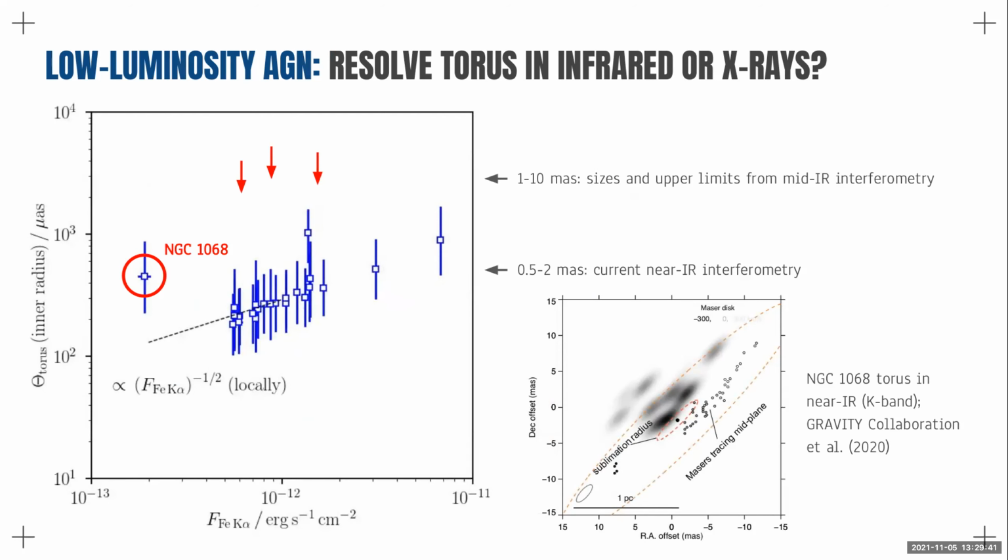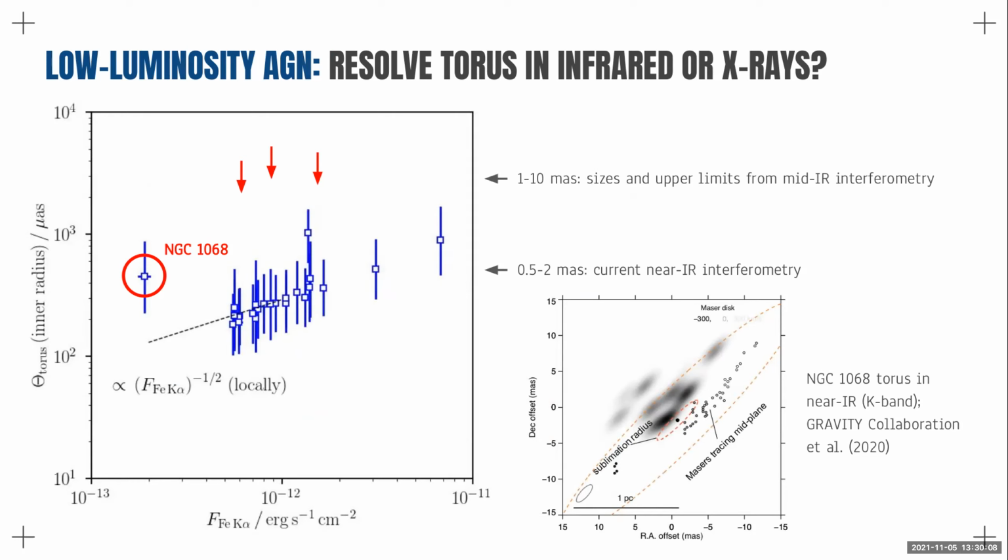But is there any hope that we can do all of this in X-rays and perhaps have more direct multi-wavelength constraints that don't depend on a somewhat uncertain conversion between X-ray and radio absorption? Yes, in principle. Mid-infrared interferometers have been able to constrain sizes of the dust emission to 1 to 10 milliarcseconds.